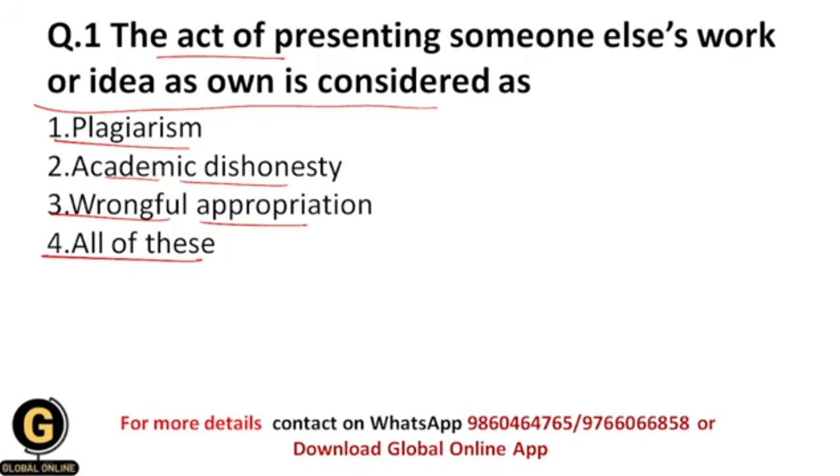And again this is wrongful appropriation as well. Okay, and that's why the correct answer for this will be all of these. So all of these is your correct answer, because this kind of act is called plagiarism, it is called academic dishonesty, it is called wrongful appropriation. Okay, and that's why your correct answer is 4.